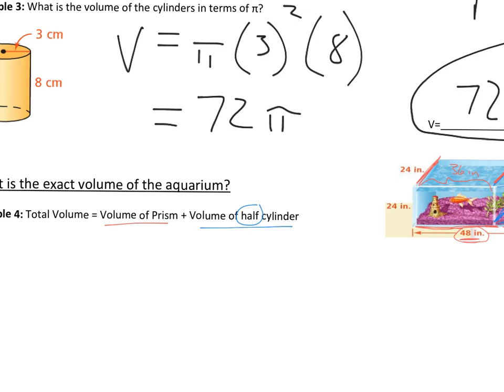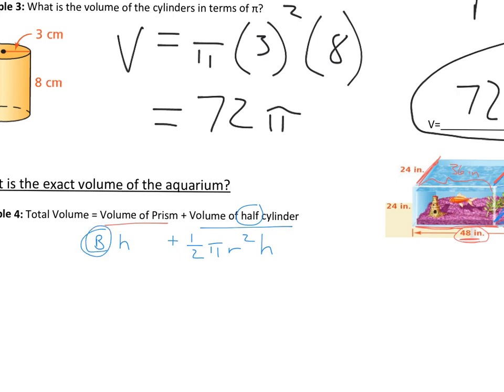And so I can write my formulas out. Well, what's the volume of the prism? Well, it's going to be the area of the base times the height of the prism plus half of a cylinder, so I'll put 1/2 pi r squared h.